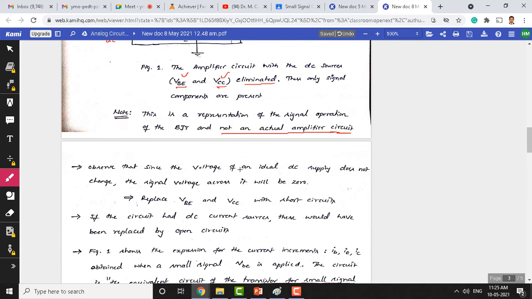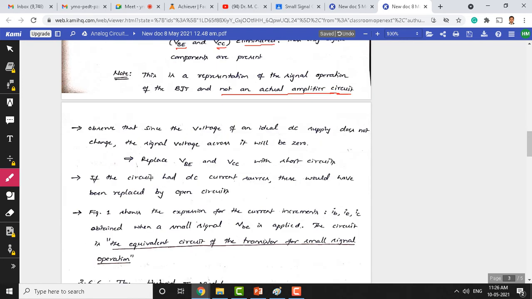Observe that the signal voltage of an ideal DC supply does not change. The signal voltage across it will be 0, because across any DC voltage source, any AC does not change any value. That is why we replace VBE and VCC with short circuits across them.